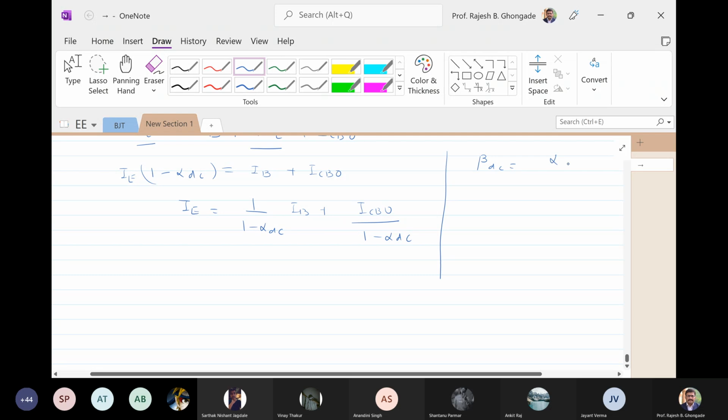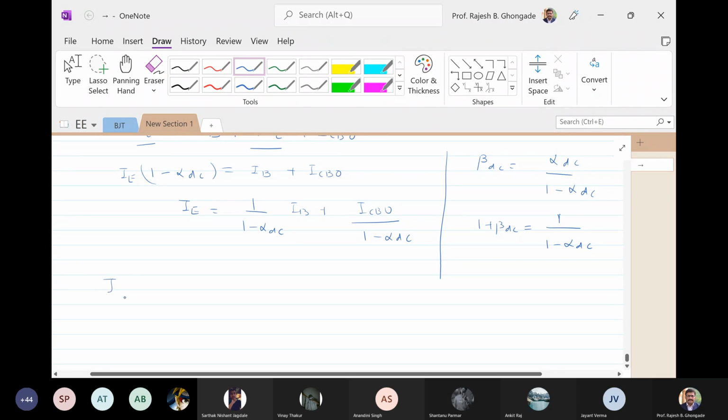We already know that 1 plus beta DC is equal to 1 divided by 1 minus alpha DC. We have already derived this earlier, right? So I'll make the substitutions for 1 divided by 1 minus alpha DC. And what do I get?